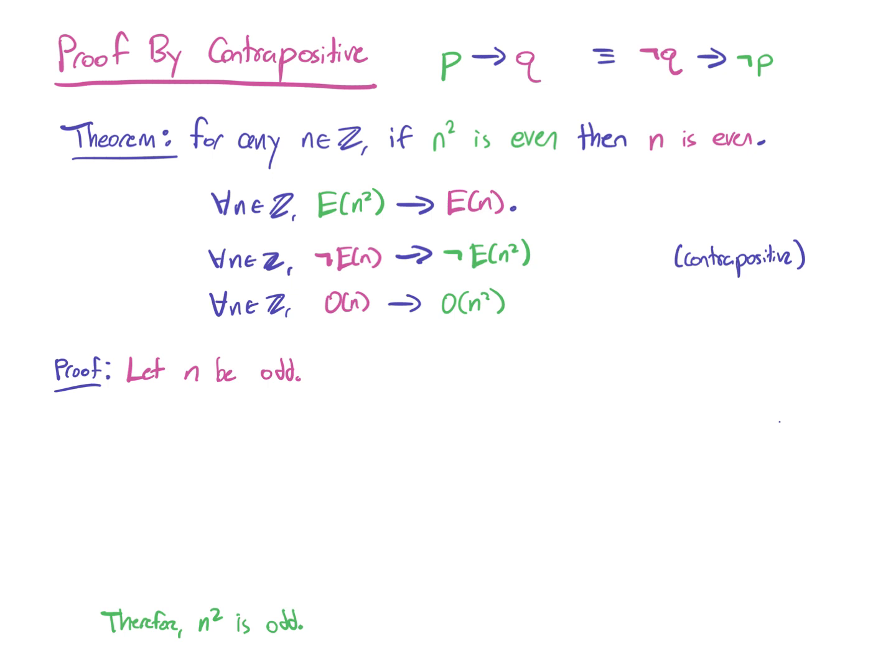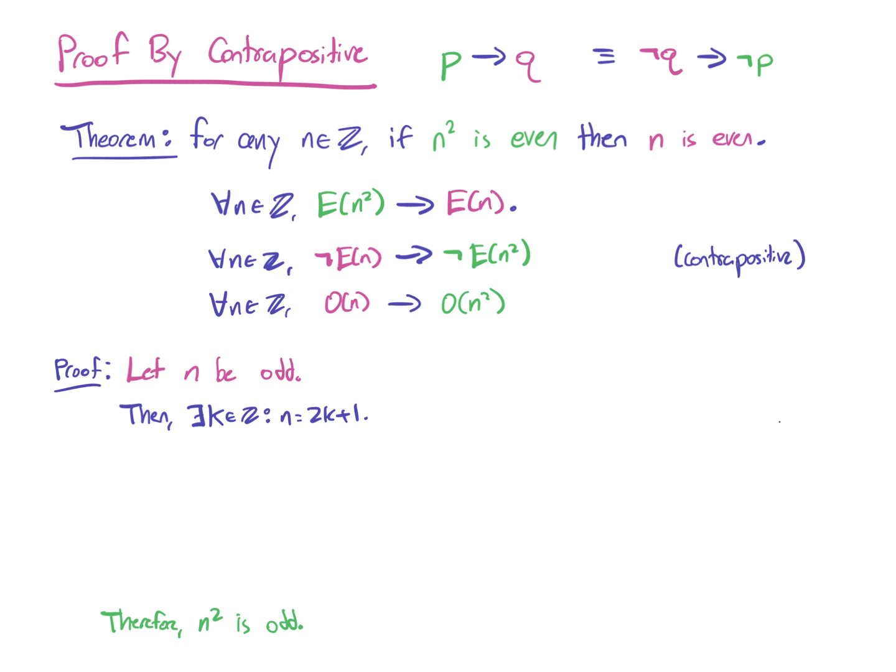Now I need to use my definitions, just like before, working outside in. So by definition, if n is odd, then there exists a k in the integers such that n equals 2k plus 1. We know that.